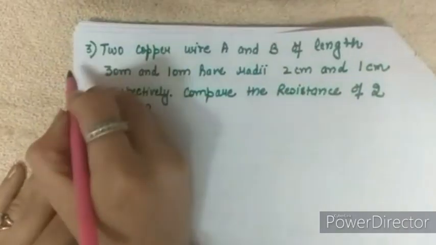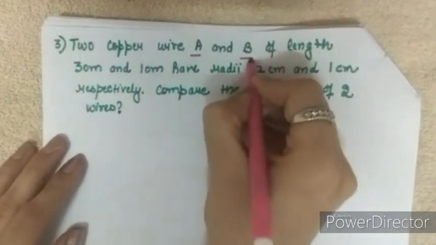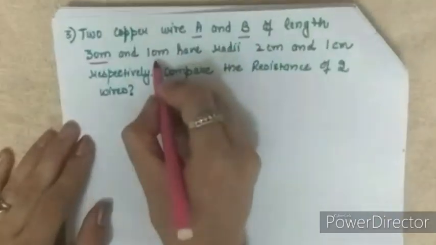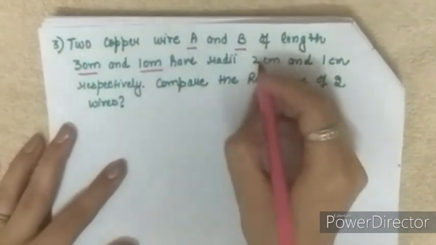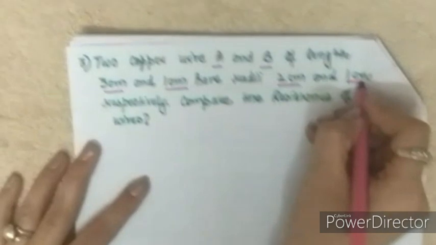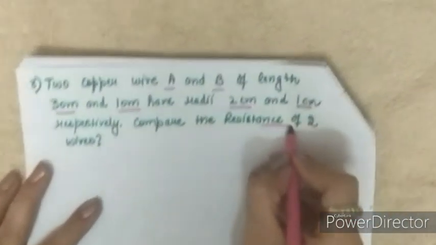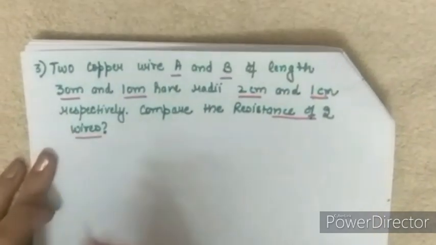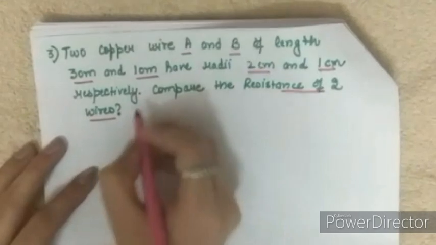Our third question is, two copper wires A and B. The length of wire A is 30 meters and the length of wire B is 10 meters. The radius of wire A is 2 centimeters and the radius of wire B is 1 centimeter. Now we need to compare the resistance of these two wires. So what is given to us?